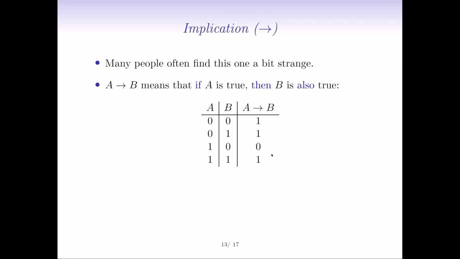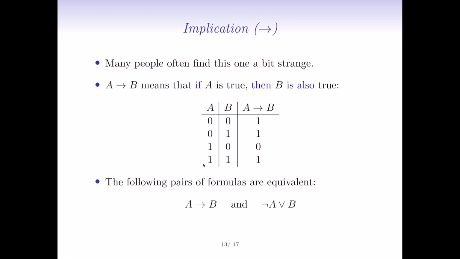Now, interestingly, the truth table for implication means that A implies B is actually true in all other cases. We'll have a bit of a chat about why in a second. Just for the following moment or two, just accept it for now, and then we'll go back and try to justify it in a minute.